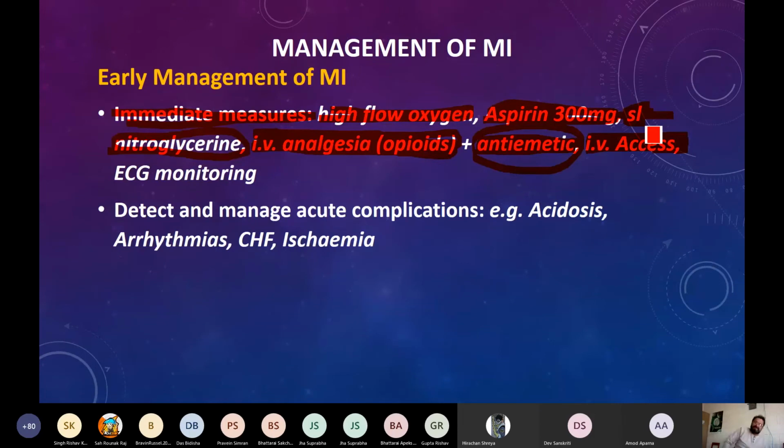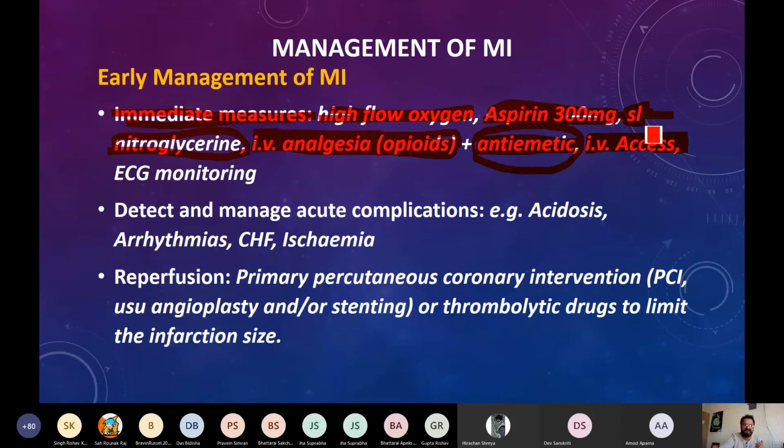Okay, evaluating CHF, BP, and ischemia, by ECG also, how big is that ischemia. And for improving the ischemia, we have drugs like nitroglycerin, and vasodilators.